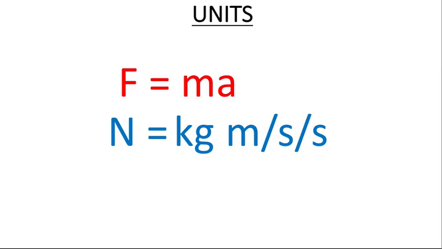So when you tell someone that a force is 10 newtons, what you're really saying is 10 kilogram meters per second per second. Now, nobody likes to say the full unit because kilogram meter per second per second takes a long time to say and to write. And so that's why we gave it a new name.